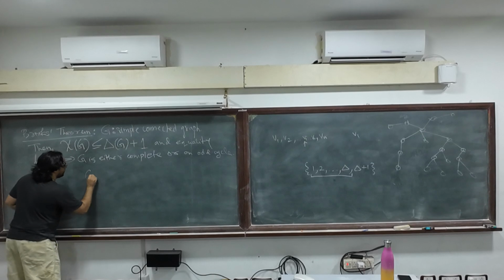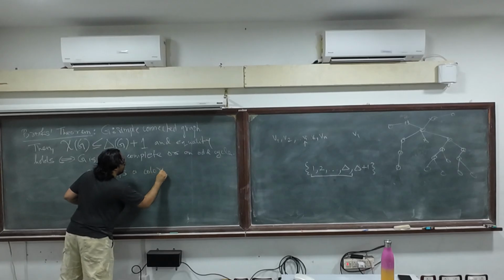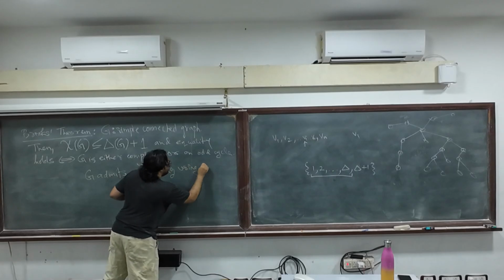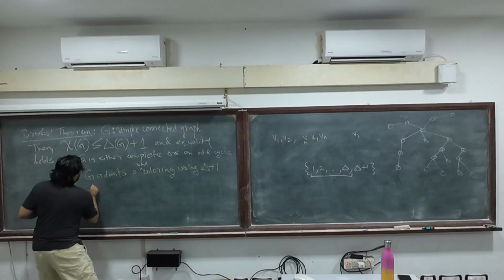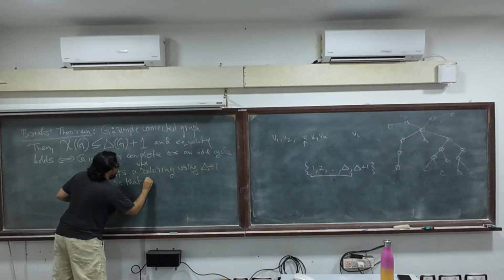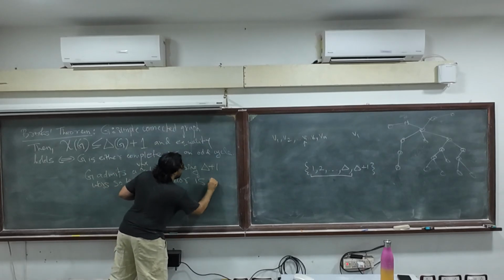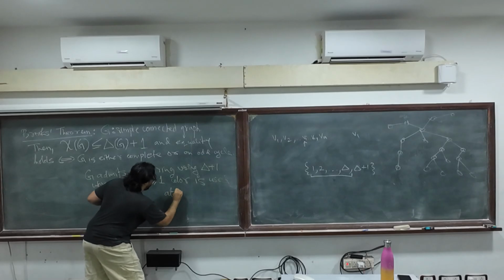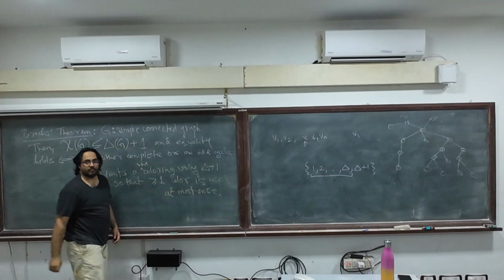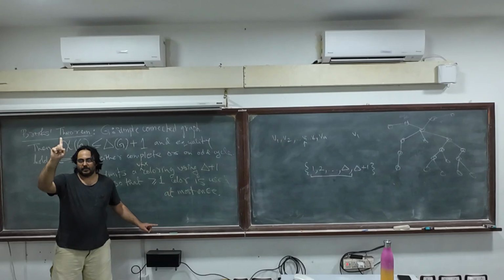So, G admits a vertex coloring using delta plus 1 colors, such that at least one color is used at most once. You all agree? There is a color that is used at most once.